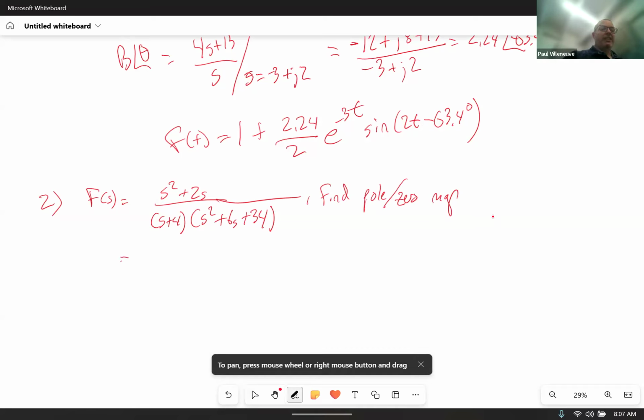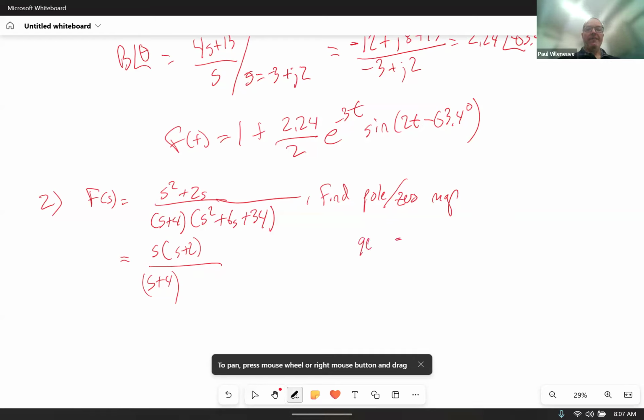Okay. So we need to have the poles and the zeros. So we're going to take F of s and simplify it a little bit. We're going to factor out s out of the numerator. And out of the denominator, we don't know what the roots are, s squared plus 6s plus 34. So again, we just do the quadratic equation.